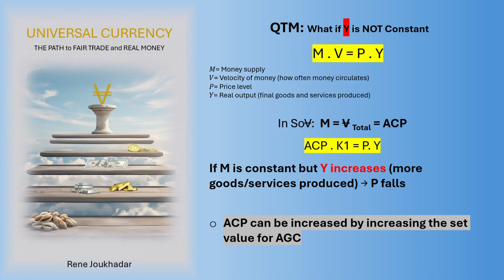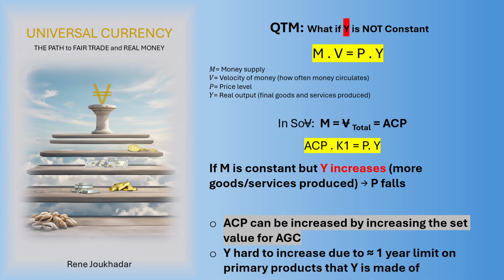So we go above the baseline for the AGC. That is, we allow more primary products to be accepted by the SOV in a year. So really, this is a little bit more than the annual global consumption. You can call this AGC plus. However, Y is hard to increase due to the 1-year limitation on the primary products that Y is made of.